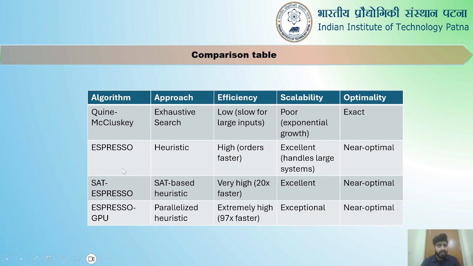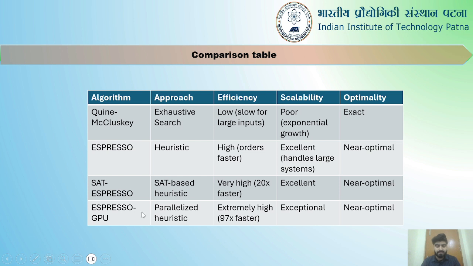Espresso is a heuristic approach and its efficiency is high, an order faster, and scalability is excellent for large systems and optimality is near optimal. SAT Espresso is a SAT-based heuristic approach, very high, 2x faster, with excellent scalability and near-optimal optimality.